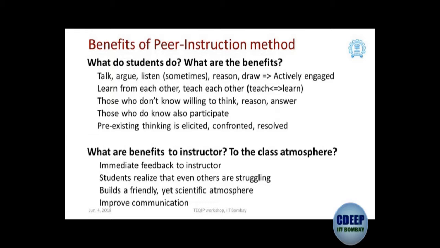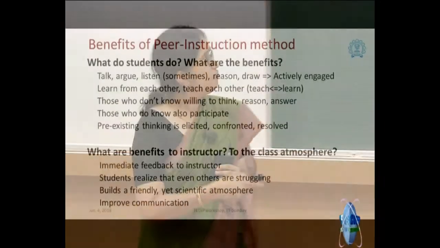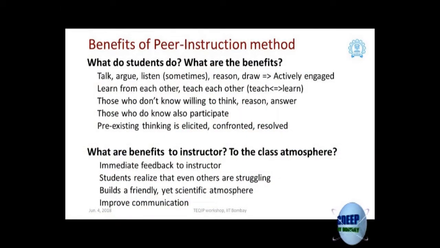Those who do have strong prior knowledge also get in because they want to argue and show off their choice, their understanding. So students' pre-existing ideas come out. It's called elicit, confront, and resolve. So a lot of positive things happen in terms of students' reasoning, understanding, and engagement in this method. For teachers, we discussed earlier.